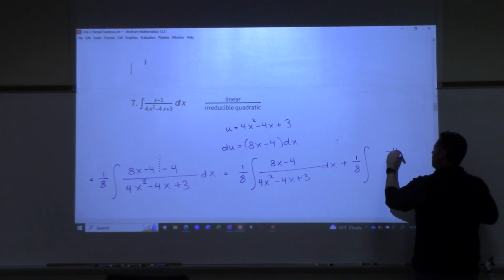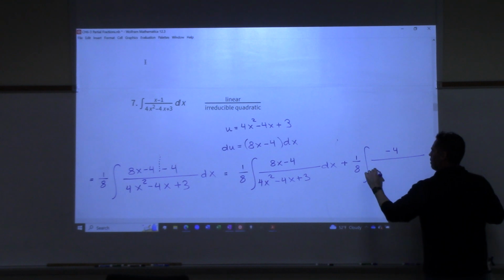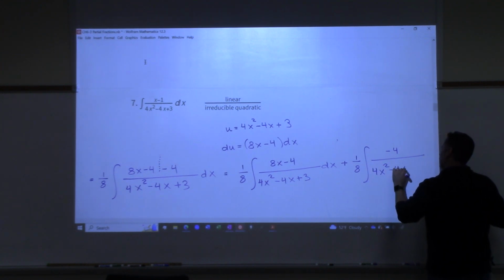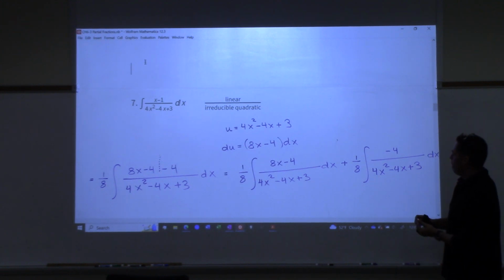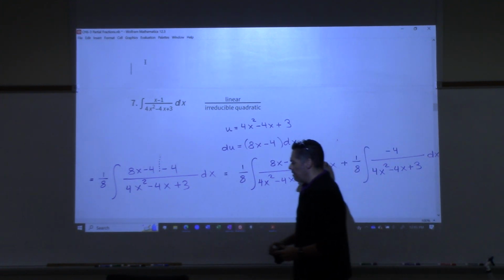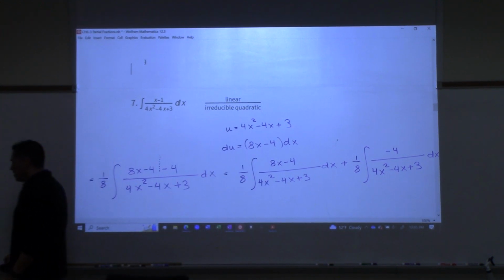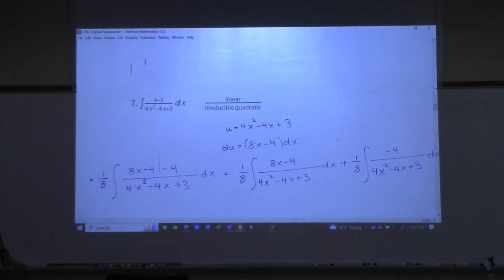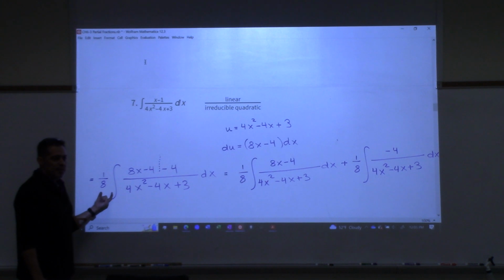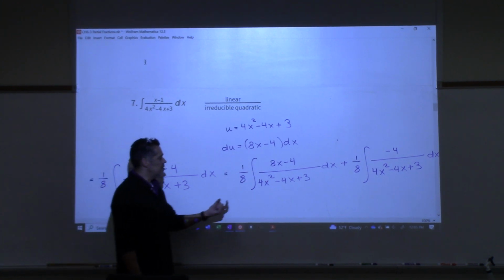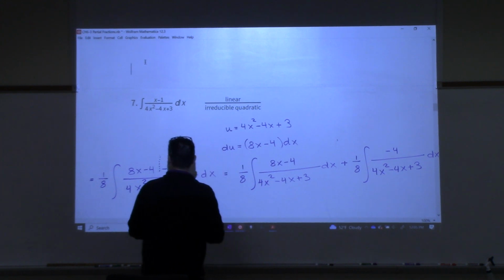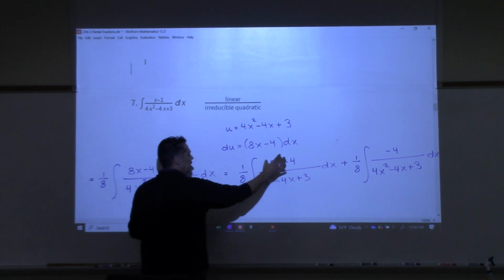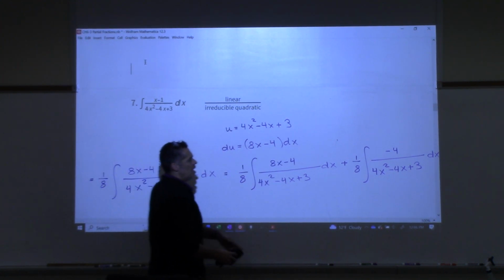I had minus 4 over 4x squared minus 4x plus 3 dx. So you're not going to pull the constant? I am going to pull the constant out. I just want everyone to see the splitting, and that it's really important that 1/8 passes to both of these integrals, right? The 1/8 goes to both of them. And then I'm taking those first two terms on top of that, and then I'm taking that third term on top of that.